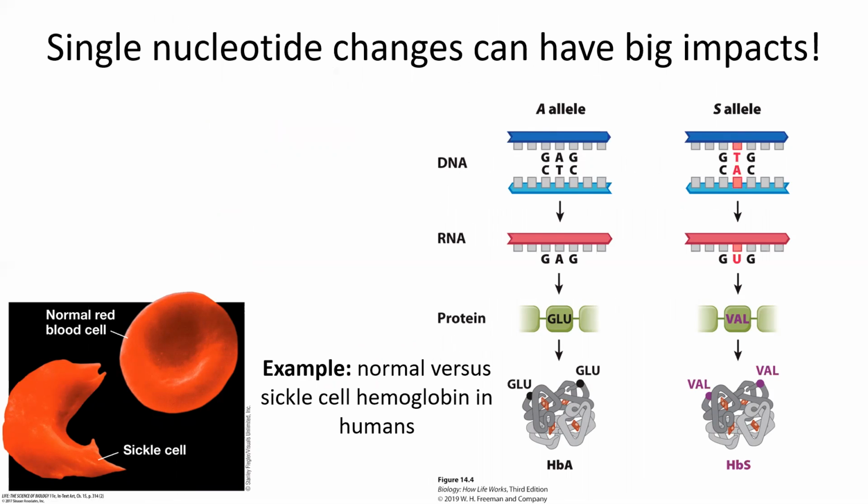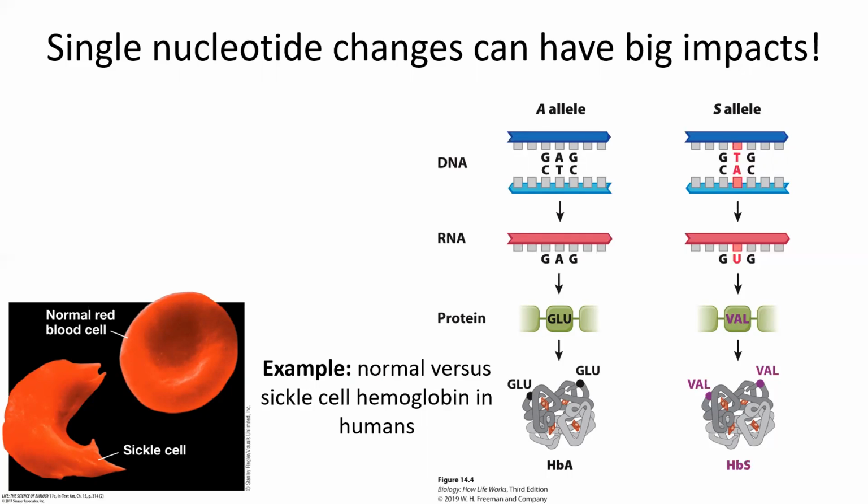For example, a change in a single nucleotide determines whether you have a normal red blood cell versus a sickle cell hemoglobin. You've probably heard of sickle cell anemia. There are a lot of problems associated with that disease. Your red blood cells don't carry as much oxygen, and there can be issues and sometimes even death associated with this condition.